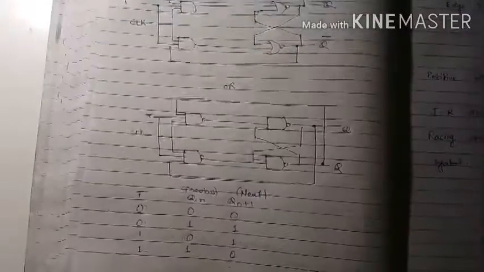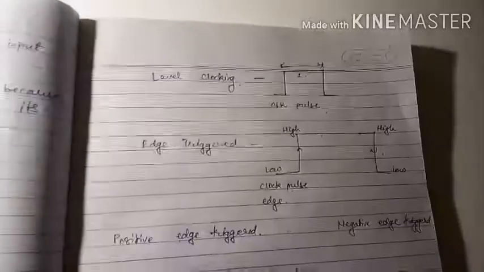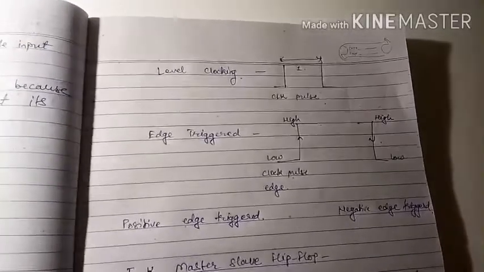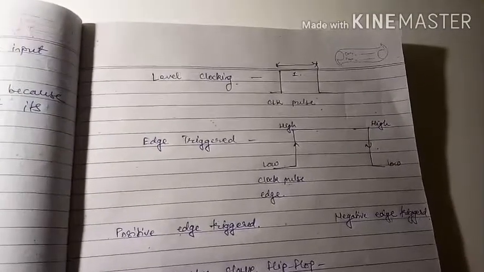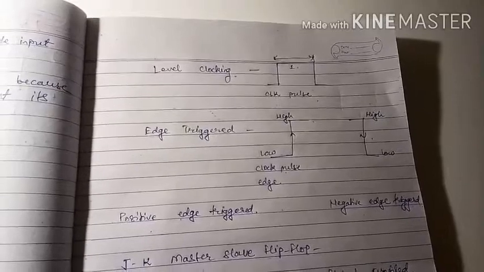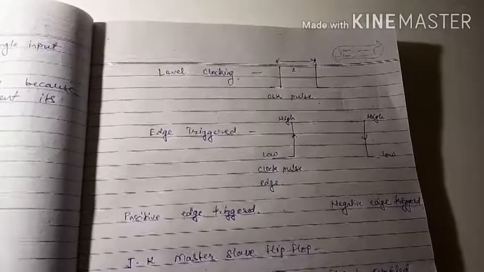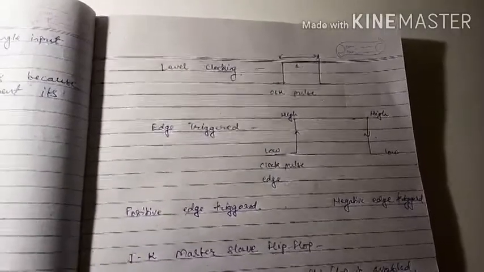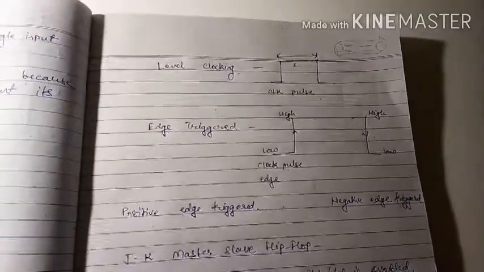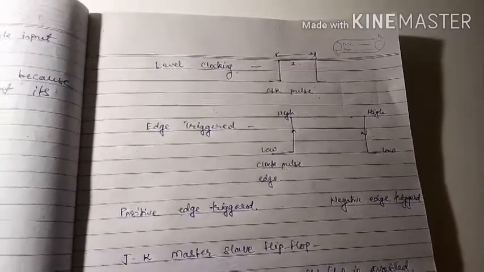Let us see what are the different types of clocking. So we come to level clocking. Level clocking is nothing but we apply a clock pulse at the input of the circuit. This is used for the synchronization purpose, means all the stages in the circuit will change their state at the same time, so that a synchronization will be there among the different parts of the circuit.